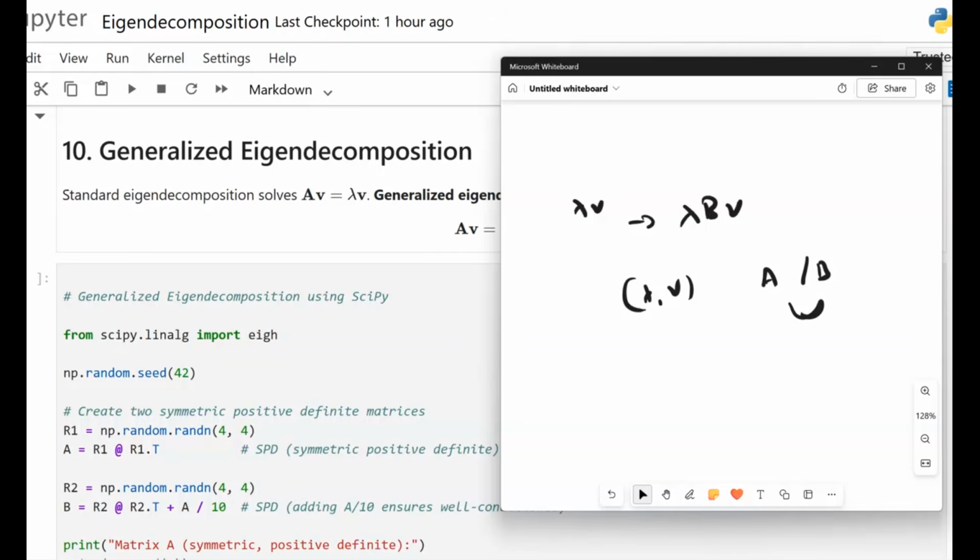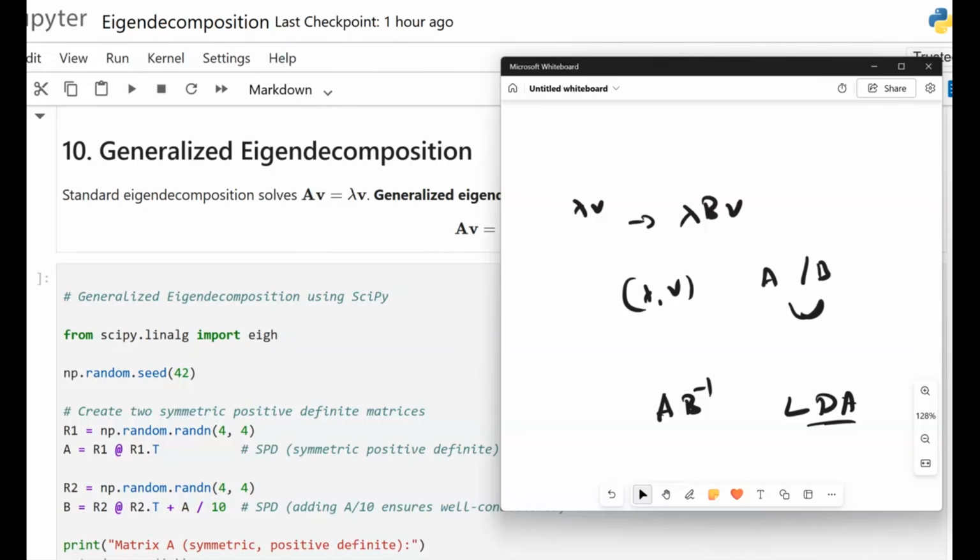Conceptually, you can think of generalized eigendecomposition as a regular eigendecomposition of the product A times B inverse, though the implementation does not require matrix B to be invertible. This is very useful in data science and machine learning, mainly in Fisher's linear discriminant analysis, a classification technique that finds the projections that maximize the between-class variance relative to the within-class variance.